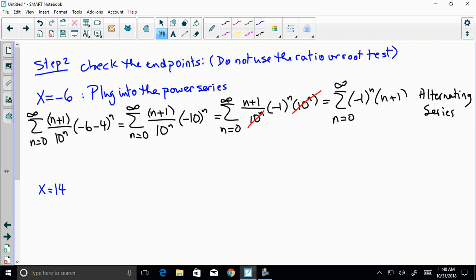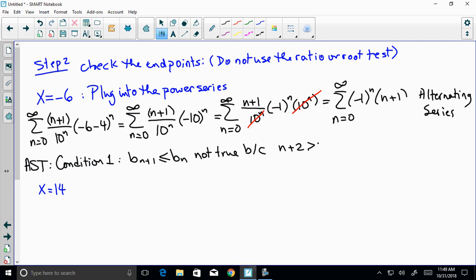It has 2 parts, but the easier one to look at, well, they're both pretty easy, right? So we can say, okay, condition 1 is b sub n plus 1 less than or equal to b sub n, not true, because n plus 2 is greater than n plus 1.